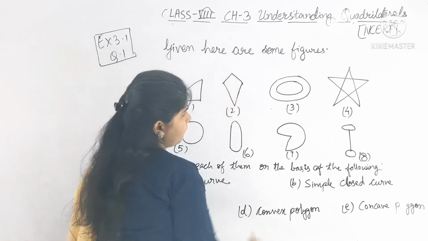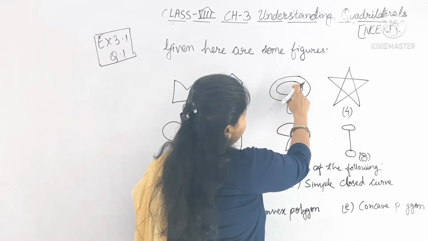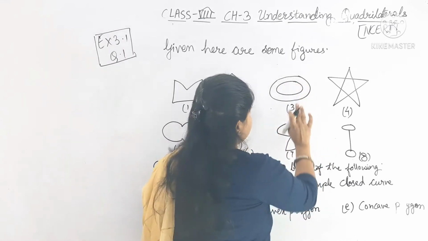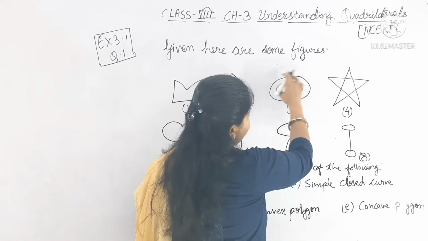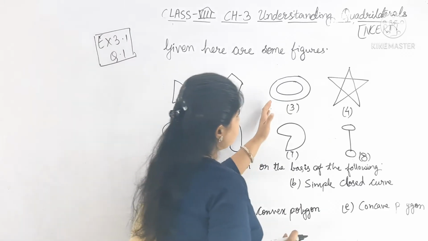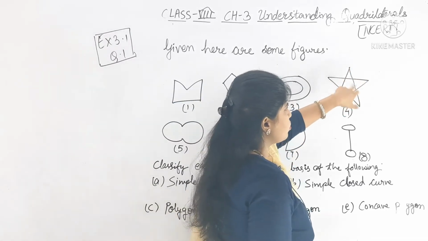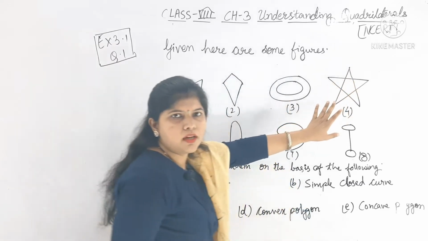Here you can see, if you draw the circle, then again you have to draw this curve. So this is not a simple curve. This is crossed out, so a cross will not be a simple curve.